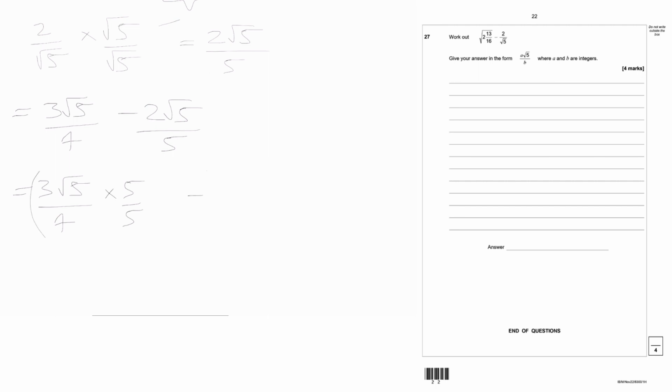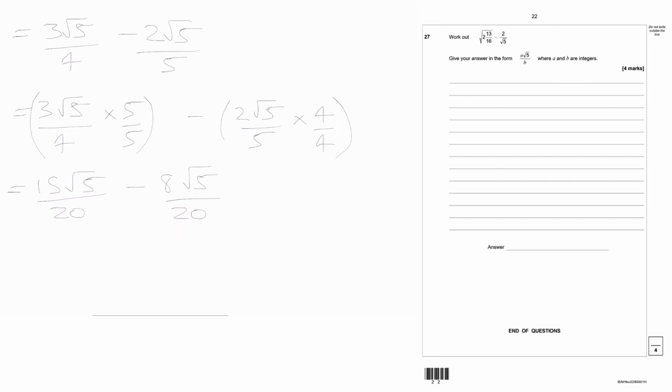And this is minus 2 root 5 over 5 times 4 over 4. So I'm going to get 15 root 5 over 20 minus 8 root 5 over 20. And this gives me 7 root 5 over 20, where a equals 7 and b equals 20.